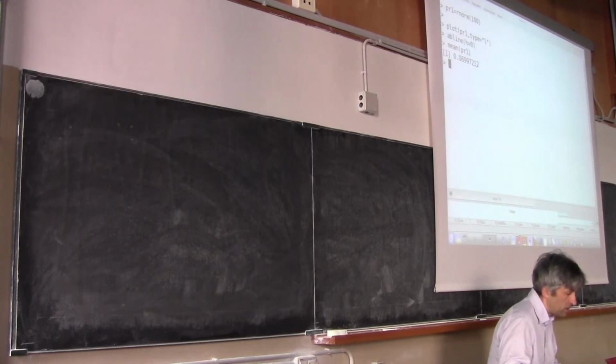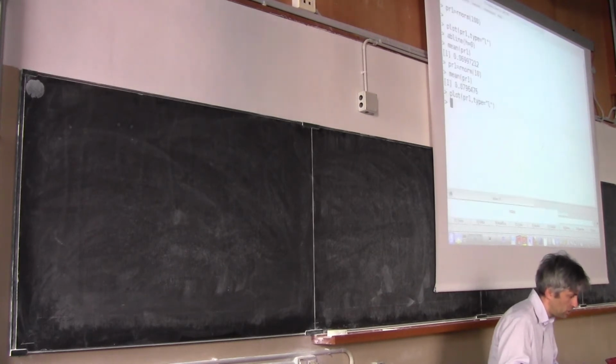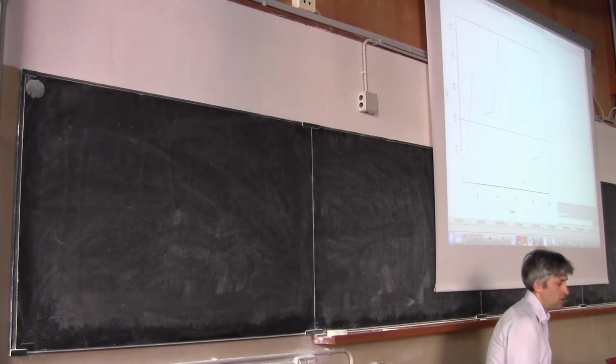And this is even more evident if you generate just 10 data and you compute the mean. Yeah, it's always positive, even more positive than before. Let's have a look at the graph. Here it is, and let me show the mean. You see, even in this case, the distribution is not really symmetric.